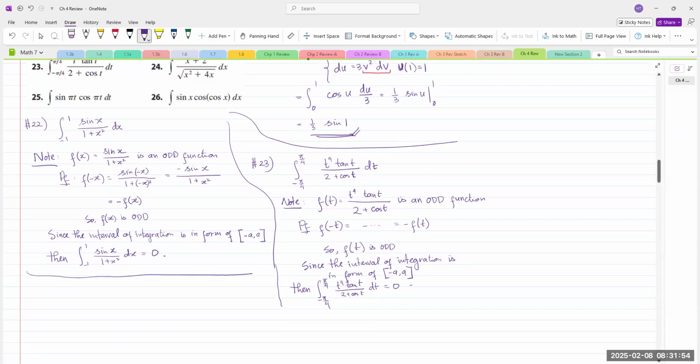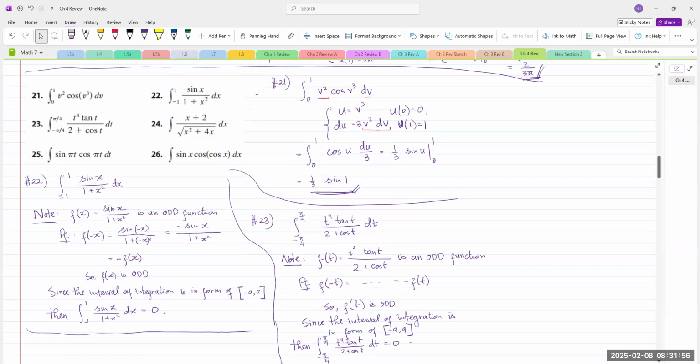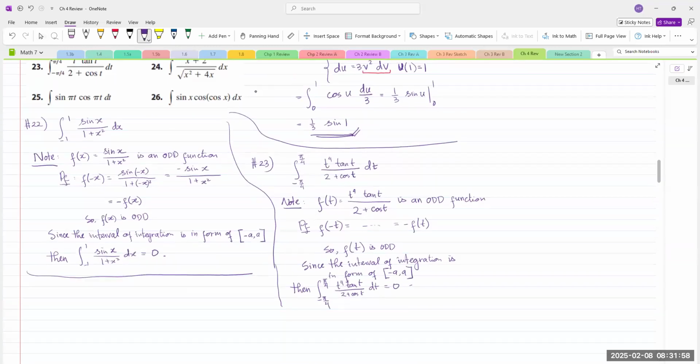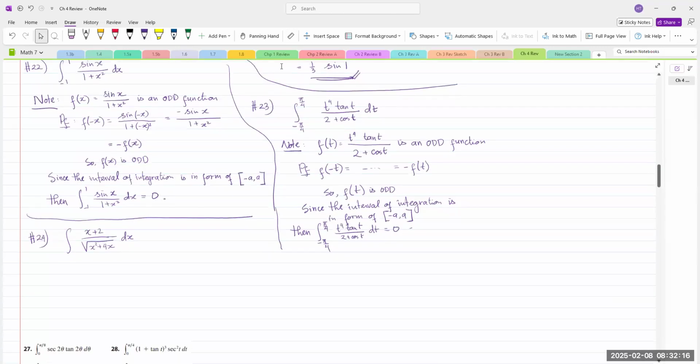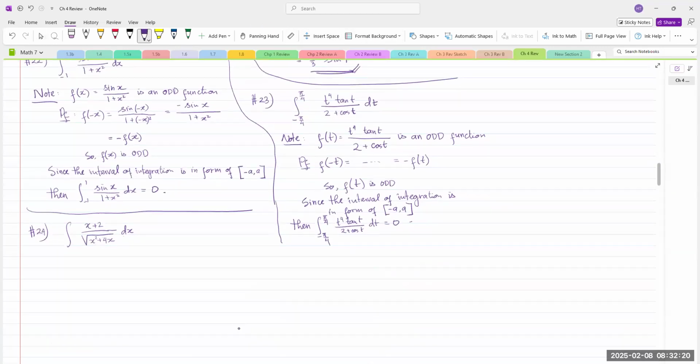As for number 24, it is an indefinite integral, so you need to get the constant at the end. Integral of x plus 2 over square root of x squared plus 4x dx. Dang, this is scary, but not really. Why?